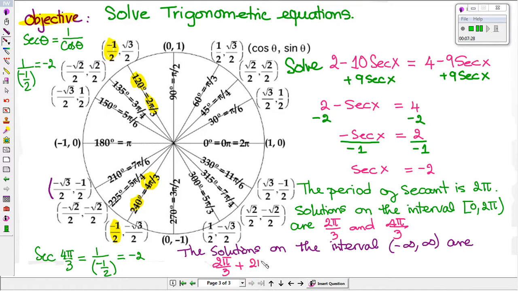You will go ahead and add 2 pi times n, because each time you go around one complete circle, that will be 360 degrees or 2 pi radians, and it just tells you how many times you go around. And then 4 pi over 3 plus 2 pi n, where n is an integer.